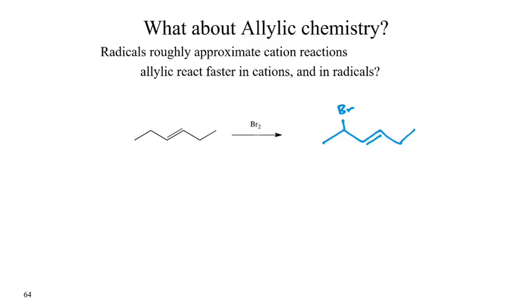So now what happens? This unit, Br2, because it is no longer being caused to break homolytically with our light, is now going to act as an electrophile. And why does this become problematic?